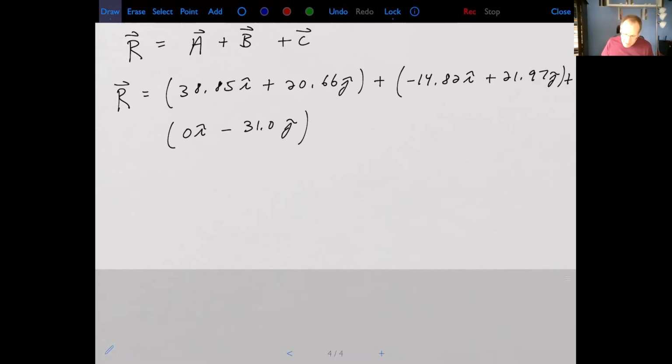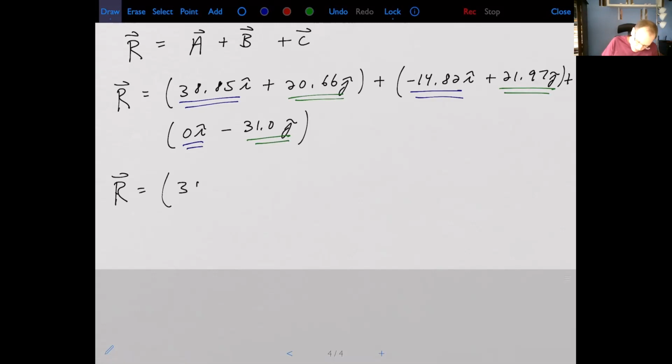So how do we add these? Well, remember, we just add the components. So basically, I'm going to add the i's together and then add the j's together. Right? So my resultant is going to be, I'll do it this way.